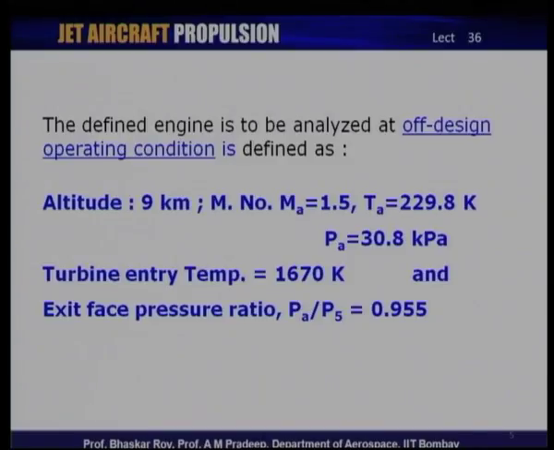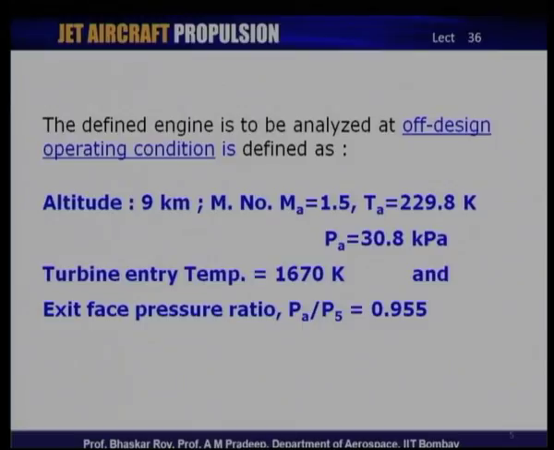Prescribed is that the turbine entry temperature would be 1670 K, and the exit phase pressure ratio at the exit of the engine nozzle, P A by P 5, would be 0.955. That means, it will come pretty close to being equal to the ambient pressure.